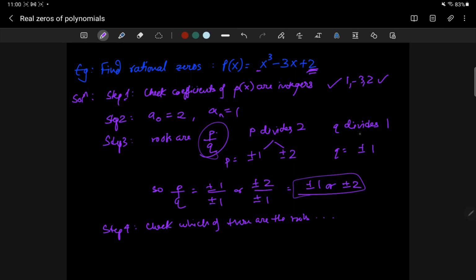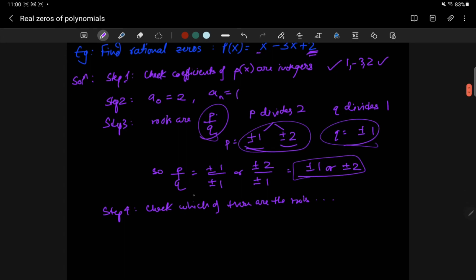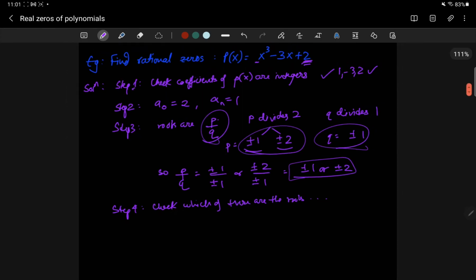And all numbers dividing 1, the only factors of 1 are plus minus 1. So once we have these possibilities for numerator and denominator, the fractions that can be formed are either plus minus 1 or plus minus 2. And then to check, we just plug in.